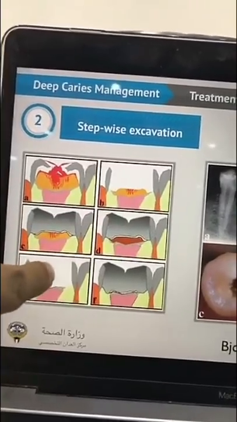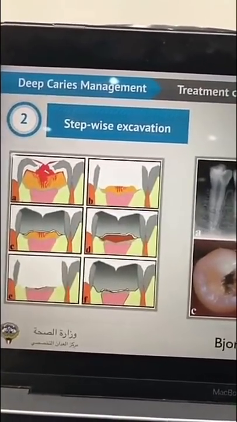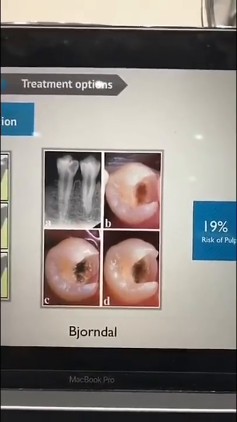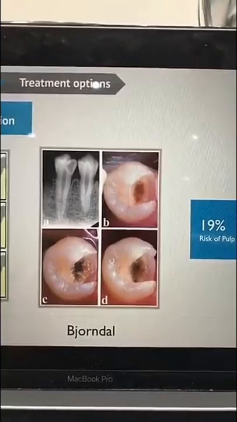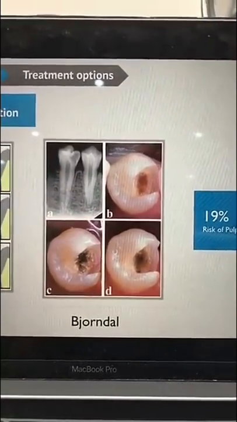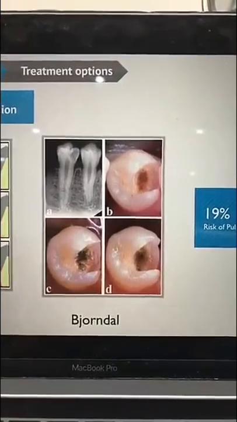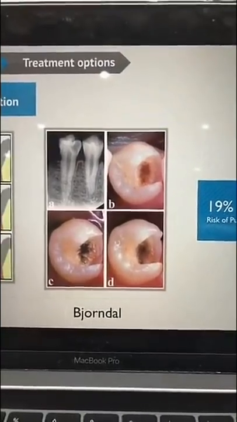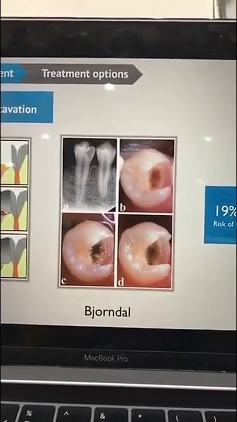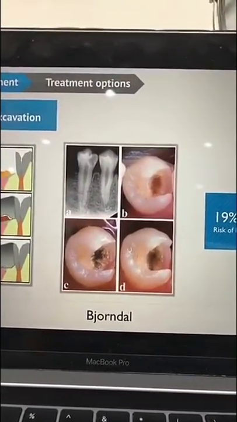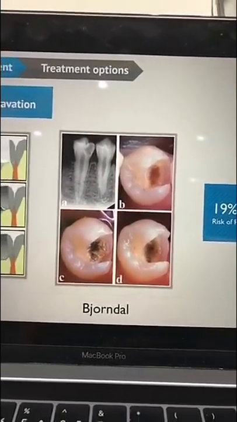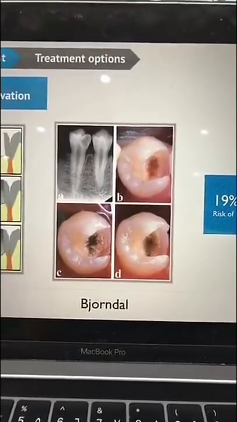You leave it for at least 6 to 9 months, and then you open it again. What we learned from these procedures is that when you open the cavity 6 or 9 months later, most of these caries have arrested. They become harder and darker, which indicates arrested caries. Now the question is, why do we have to open it again and remove the remaining caries if that lesion has actually arrested?